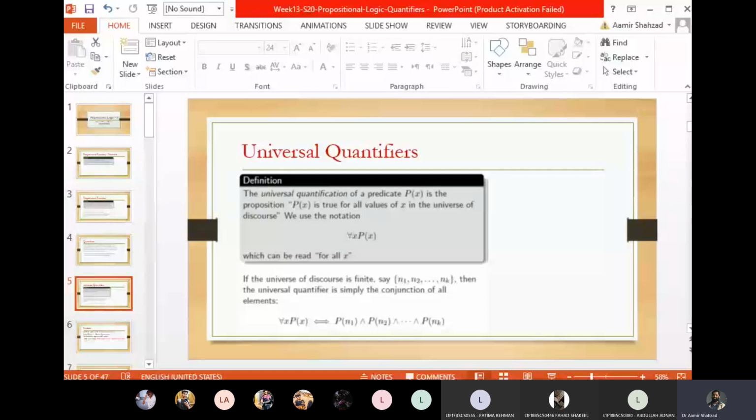So this is something that we call universal quantifier. So universal quantifier is nothing but an and operator. So it's just a conjunction. It should be true for each and every value. किसी एक वैल्यू के लिए भी ये false हो गया, zero हो गया, तो पूरी conjunction आपकी false हो जाएगी, पूरी conjunction आपकी zero हो जाएगी.